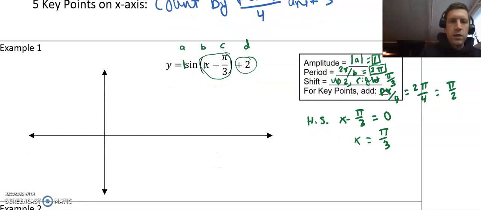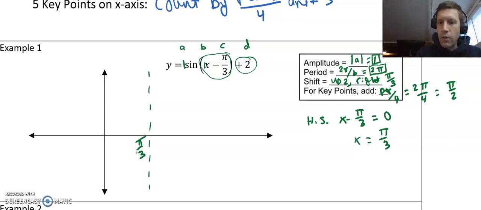Okay, so let's draw in the shifts on the graph. So typically, sine would normally start right at the origin, but I know I need to shift right pi over 3. So instead of starting there, let's shift to the right. We'll call this pi over 3. And then I want to go up 2.